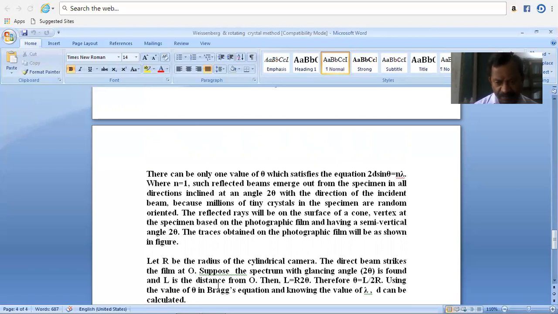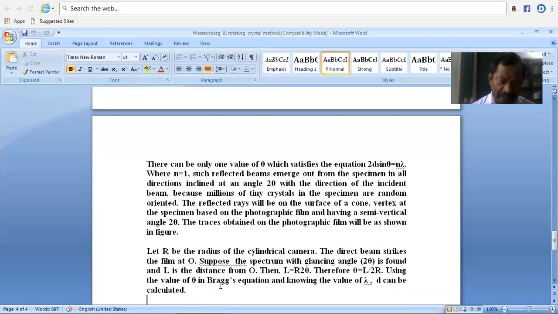Therefore, theta equals L by 2 times R. Using the value of theta in Bragg's equation and knowing the value of lambda, that is the wavelength of X-rays, d can be calculated, the distance between the two planes.